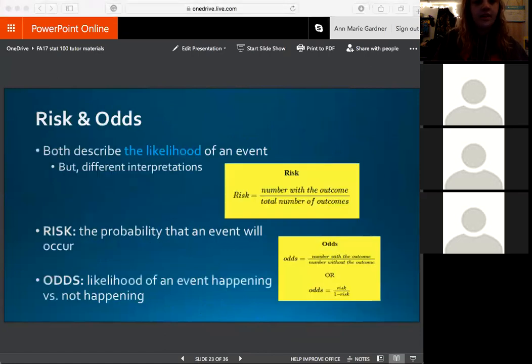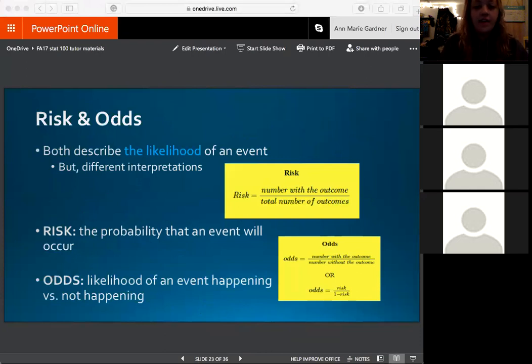Okay, so risk and odds. This is when we're talking about probability. So risk is just talking about, in general, the likelihood of an event happening, but they do have different interpretations there. The way we find it is going to be our number with the outcome, and then our total number of outcomes in general.